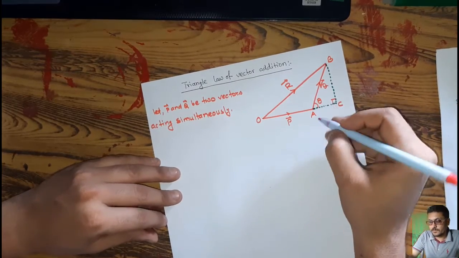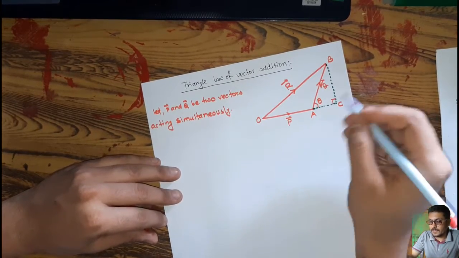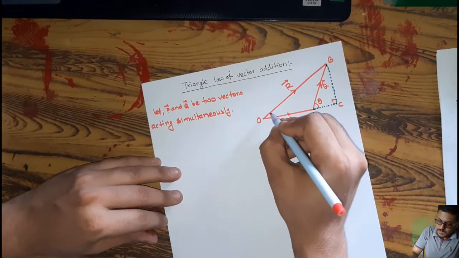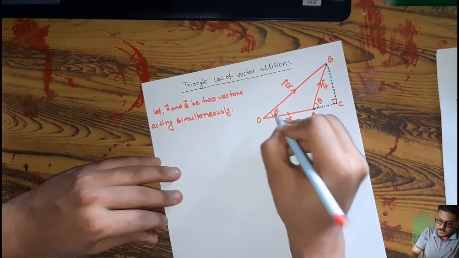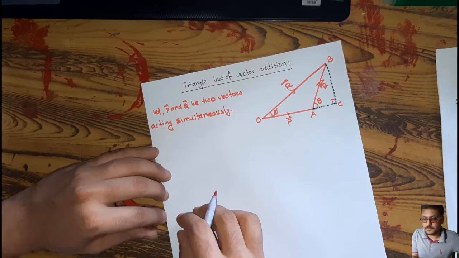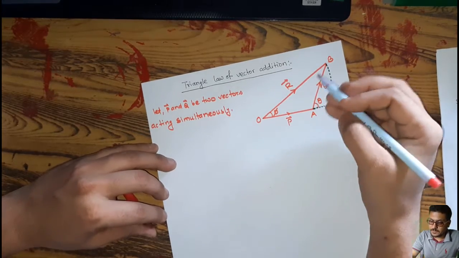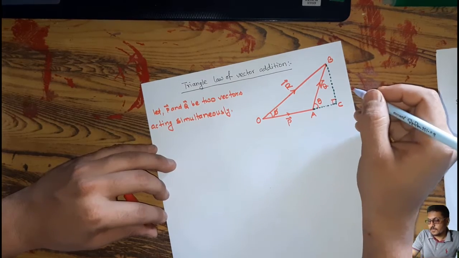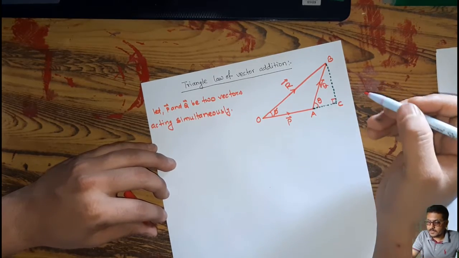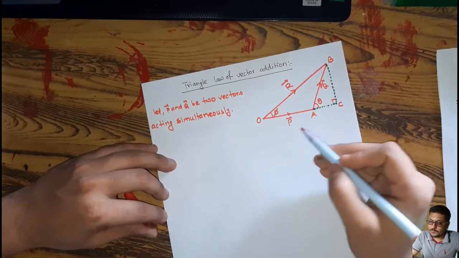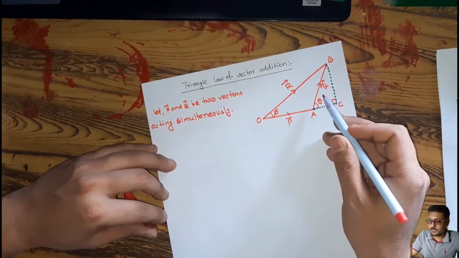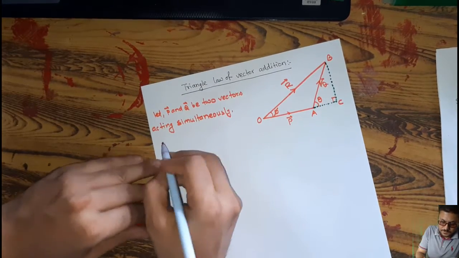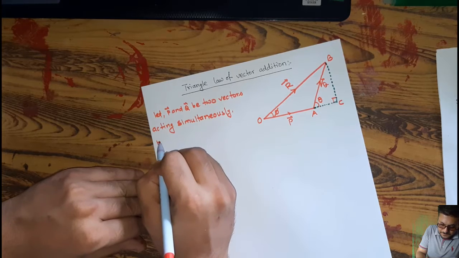The theta is the angle between these two vectors P and Q. And this is phi, which we have to find. We have to find here R and phi by using the Pythagoras theorem and with the help of these two vectors P and Q.